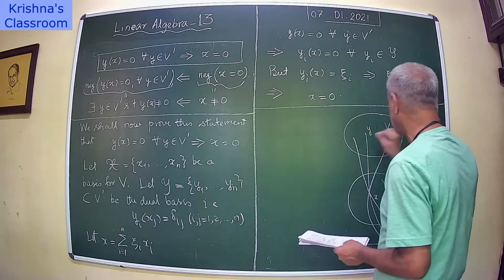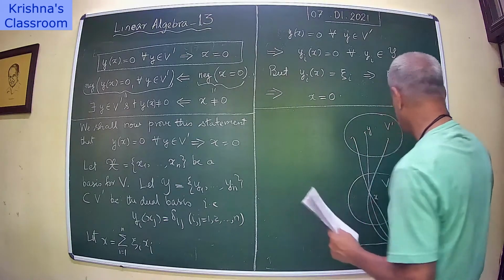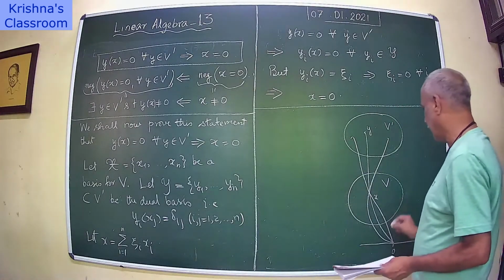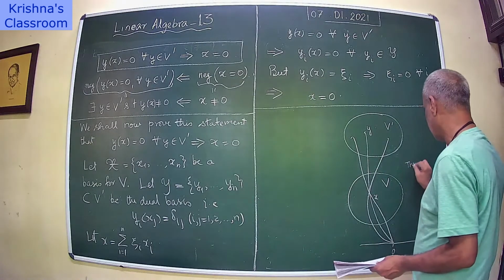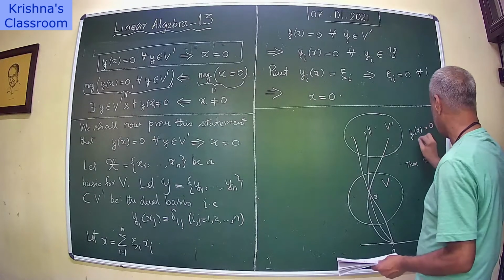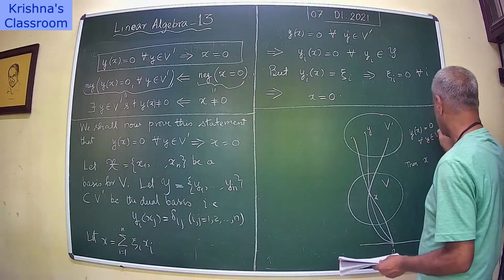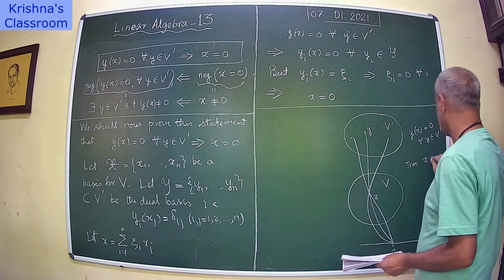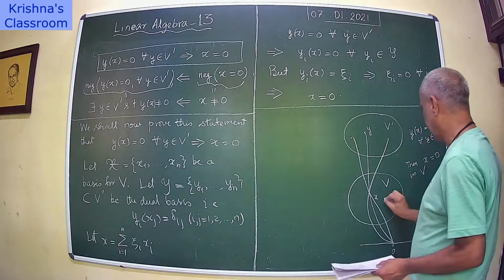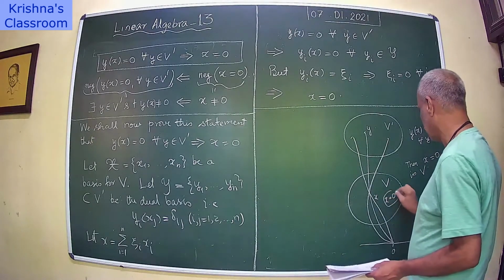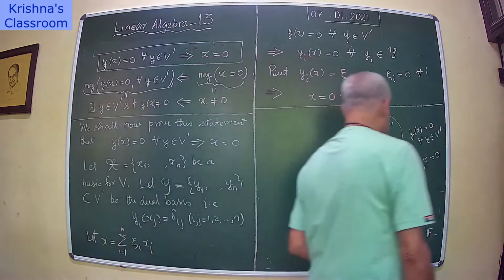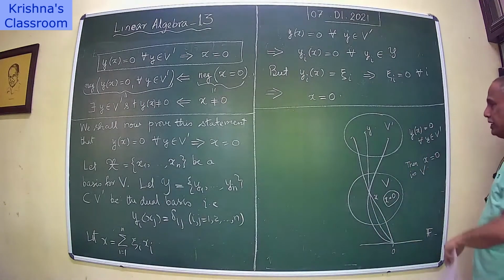So all these elements map everything to 0. In that case, what we prove is that x is 0. So it's a very useful device. Later we shall see that this is repeatedly made use of.